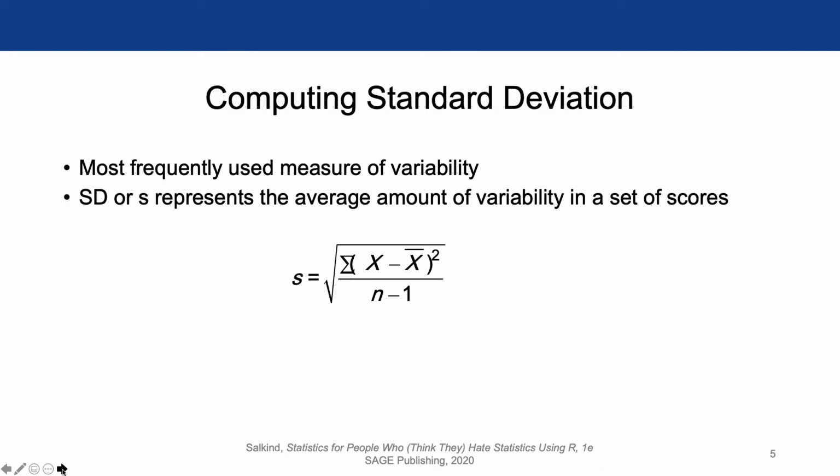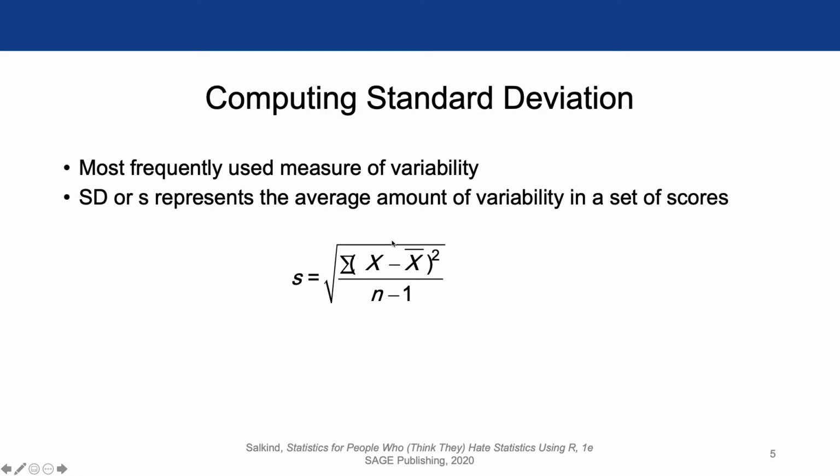So when we are looking at standard deviation, we're representing it by an SD or an S most commonly. This represents essentially the average amount of variability in a set of scores. I'll unpack more about what each of these things means in this equation.